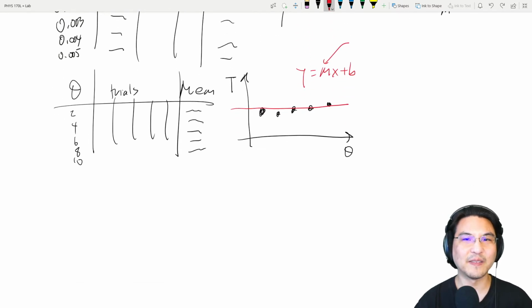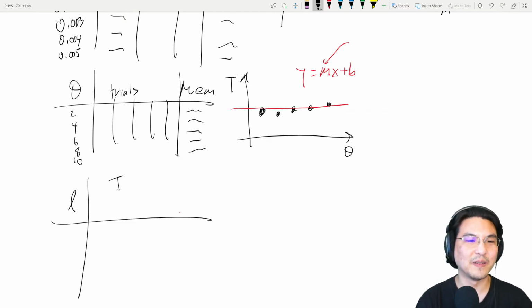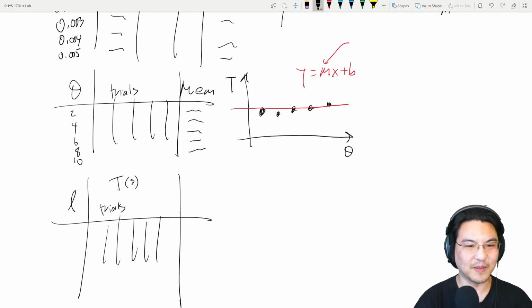Right, and then the third variable you adjusted was the length of the string. So here you have length, and the period for your different trials. Right, and then here's the mean of these trials.